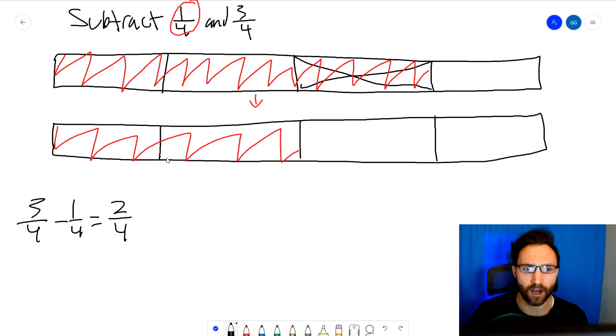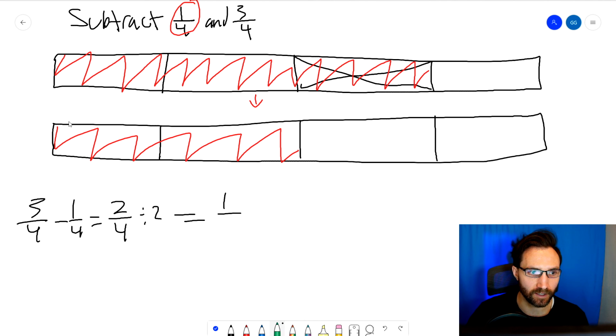But as 2/4, is it in its simplest form? I think there is a common factor between both of these, isn't there? That's right, 2. So if we divide the numerator and the denominator by 2, equals what? 2 divided by 2, a number divided by itself always equals 1. And then 4 divided by 2, how many groups of 2 can go into 4?